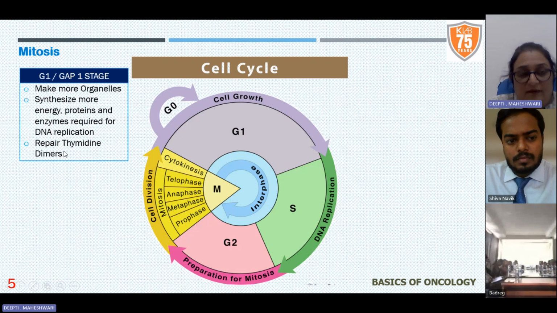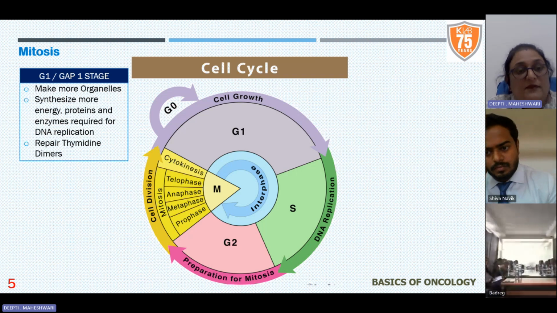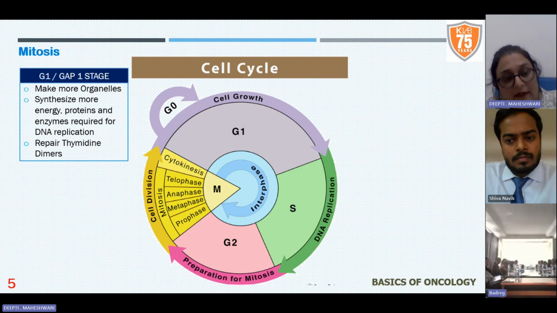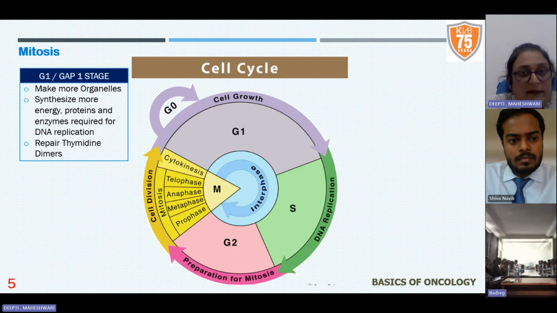Because in every human body, when it is exposed to UV rays, sometimes thymidine dimers get damaged. So that correction also takes place in the G1 phase. With the help of certain enzymes like nuclease enzyme, the thymidine dimers which have got damaged also get corrected in the G1 phase.